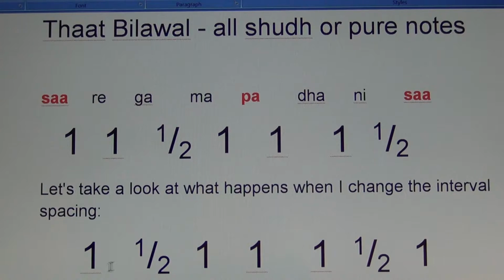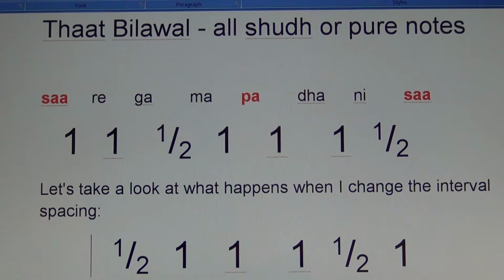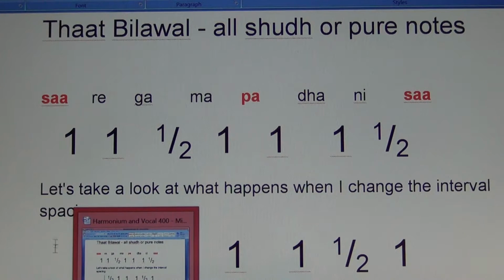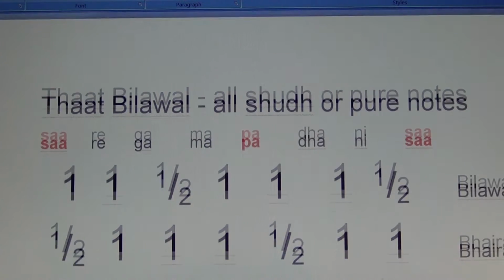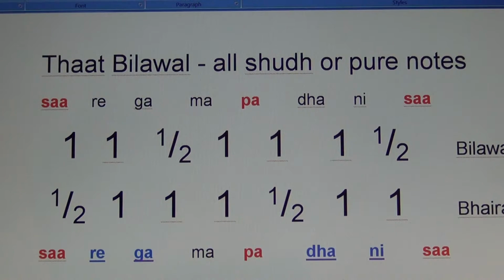Now if we took it one step further and we did this, we removed this one again and we added the one again. This now gives us a different scale interval. It goes half, 1, 1, 1, half, 1, 1. Okay, so this is what we have.